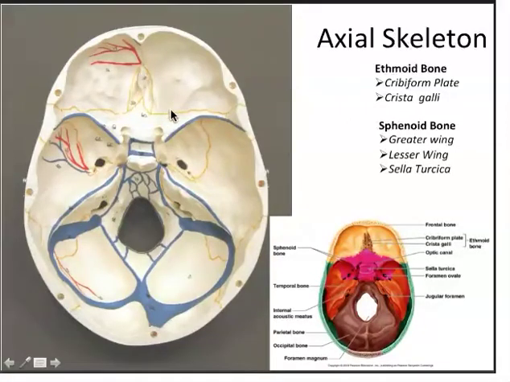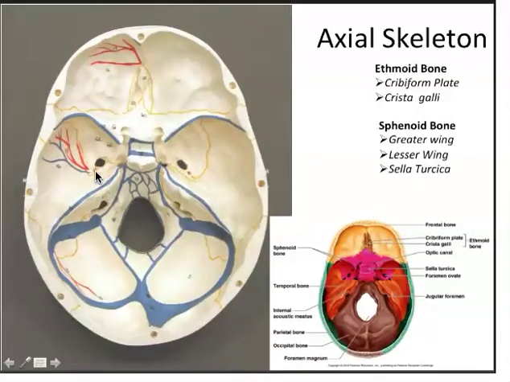Behind the ethmoid bone is the sphenoid bone. You can see it here, and you can see the major holes of the sphenoid bone, the foramen ovale, the foramen rotundum and spinosum.